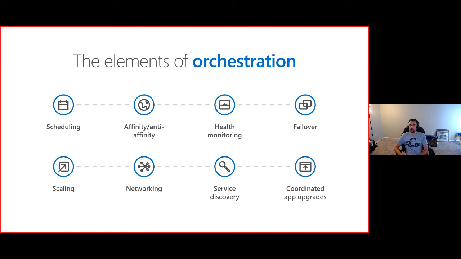The first thing it can help with is the actual scheduling of the containers, where on the previous slide, we saw that one of the machines was out of resources, and the orchestrator could just help in scheduling containers on the right machine in our cluster so that we avoid those situations.